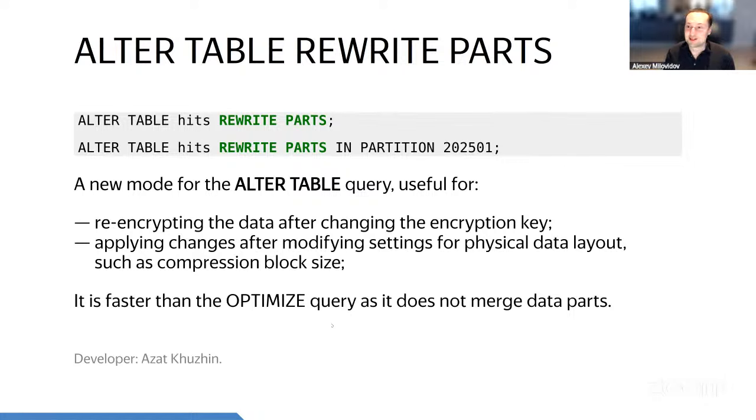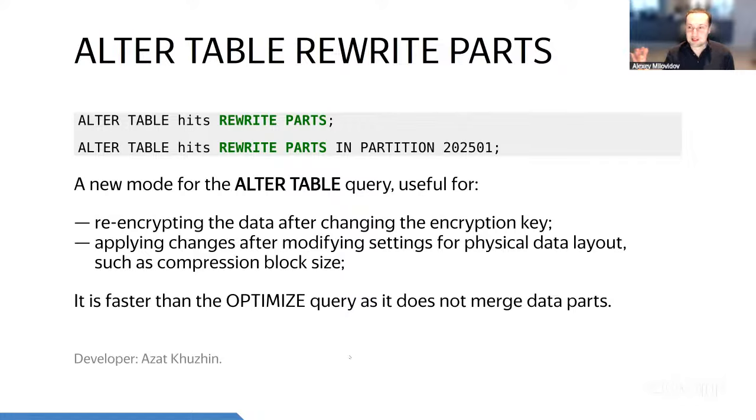And another new query, a new mode for alter table. Now you can ask to rewrite data parts. Like in this example, alter table hits, rewrite parts. Or you can specify a particular partition to rewrite parts only in that partition.